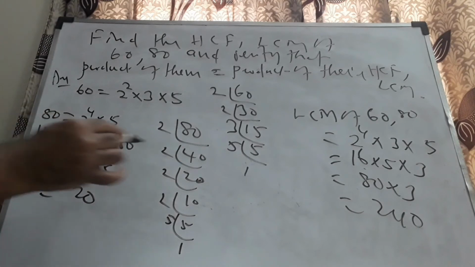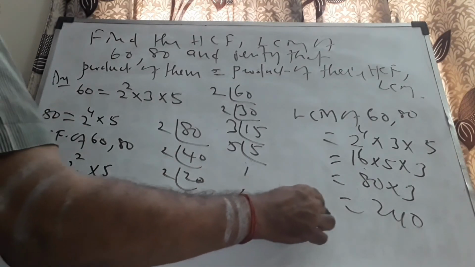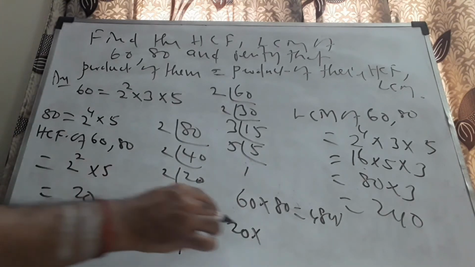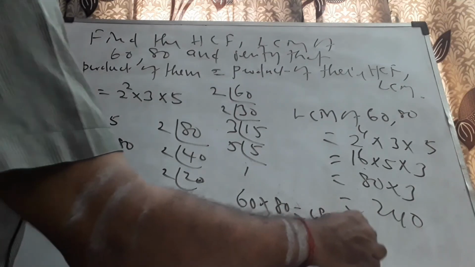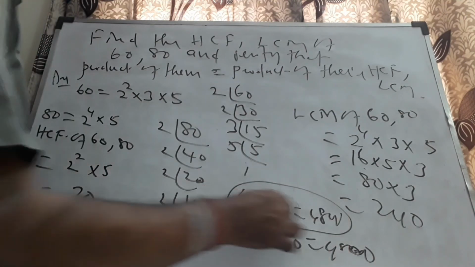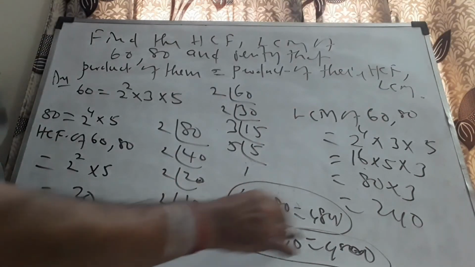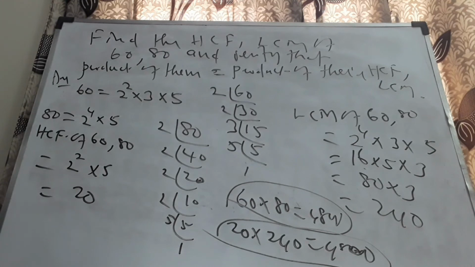Then what is the product here? 60 into 80 is 4800. What is the product of its HCF and LCM? 20 into 240 is also 4800. Write it separately: product of the numbers, name it as equation 1; product of its HCF and LCM, name it as 2. Equations 1 and 2 give you that the product of the numbers equals the product of its HCF and LCM.